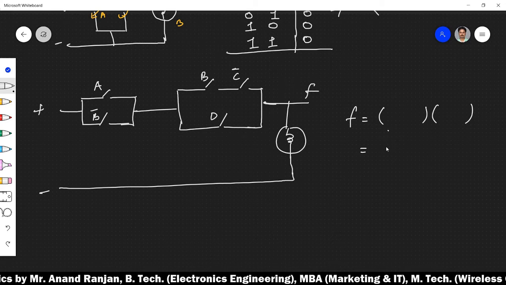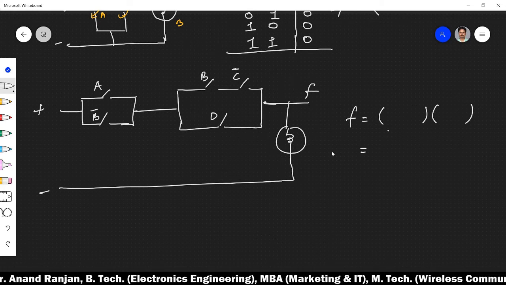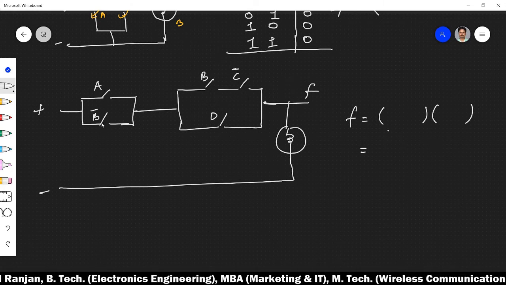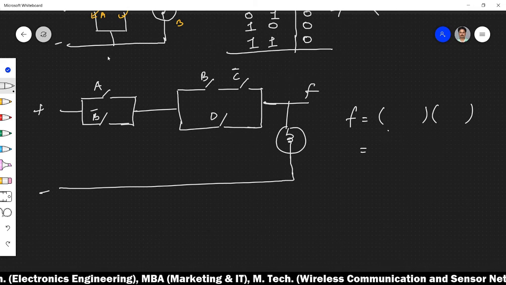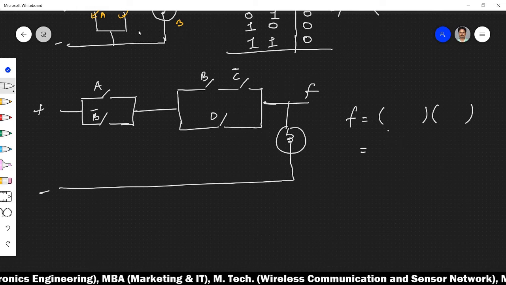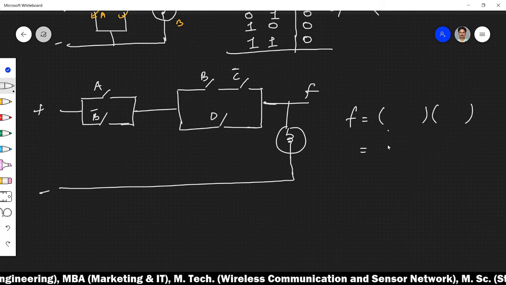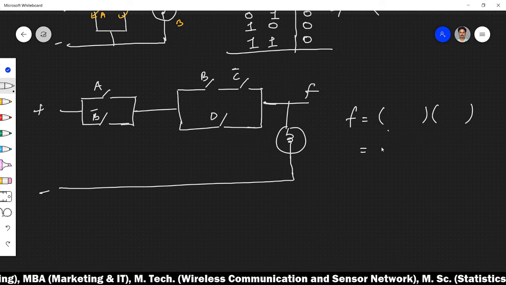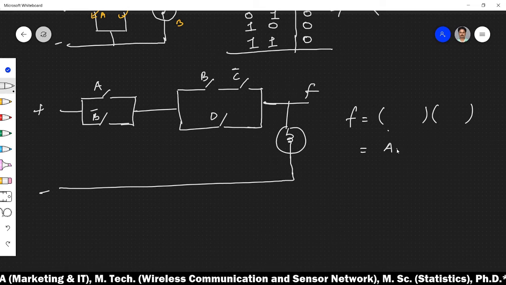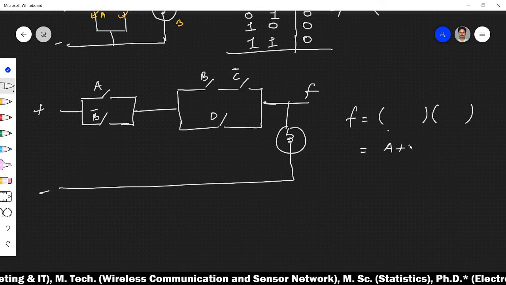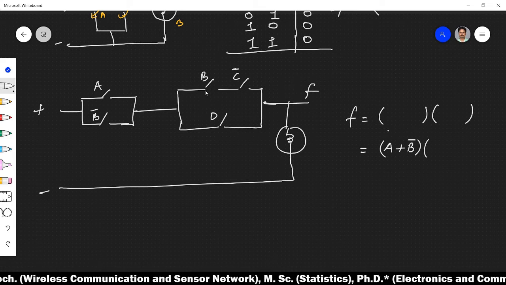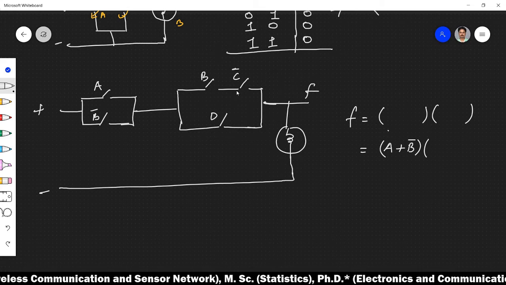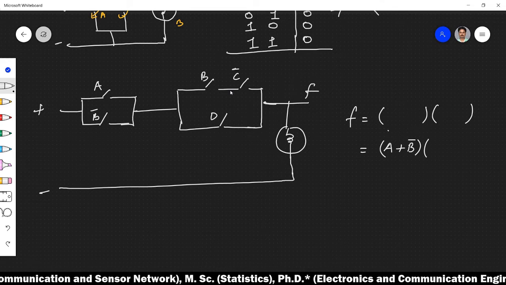The condition for the glow of this bulb, by following the previously discussed concept, will be as follows. Here the A and B bar switches are connected in parallel, so we follow the previous condition: this is an OR condition, and this will be A plus B bar. Secondly, this is a series connection, and series represents the AND connection.